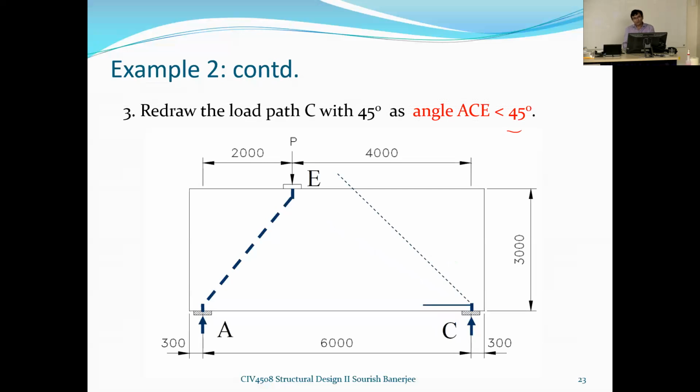45 degrees. So what we have done is drawn a line at an angle of 45 degrees here at C. So we are developing a load path with this 45 degree condition. So that's your 45 degree.